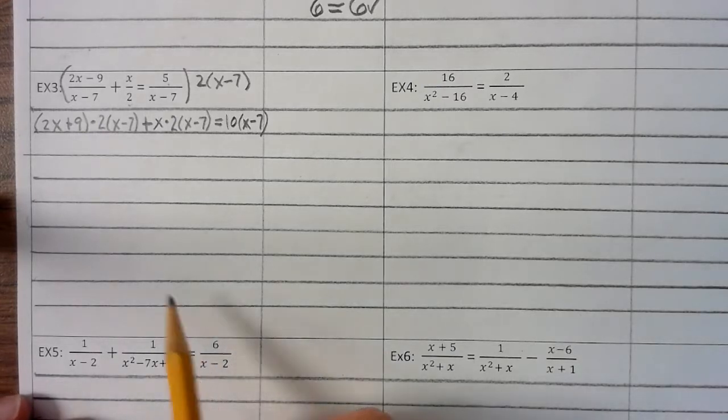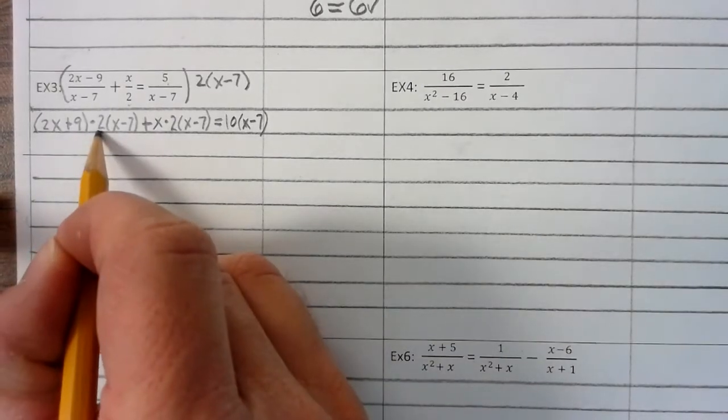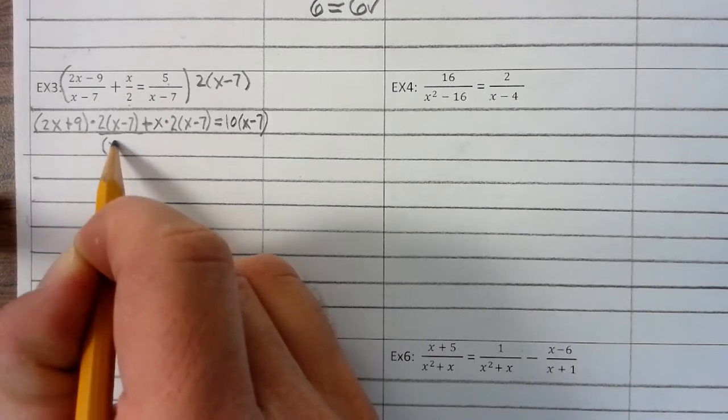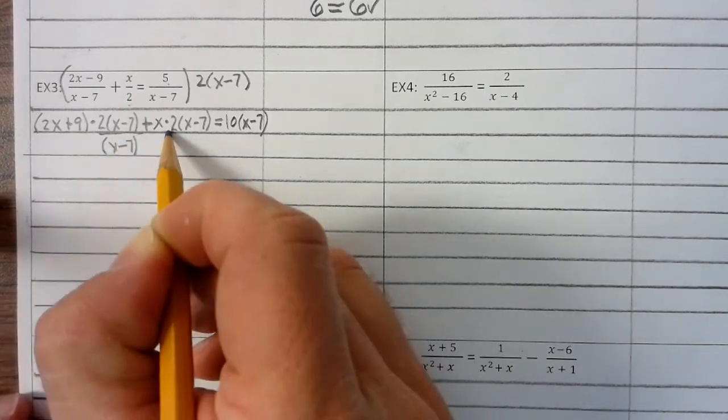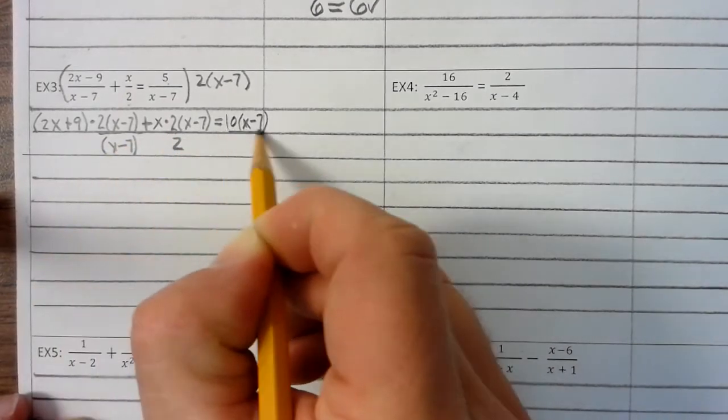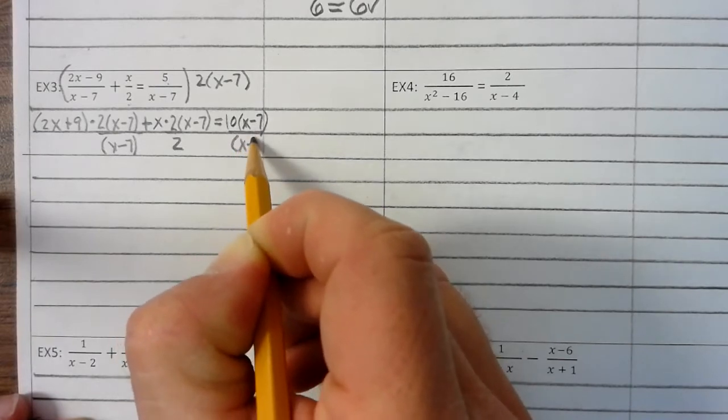Okay, so then, oh, almost forgot, that's divided by x minus 7. That's divided by 2, and then that's divided by x minus 7.